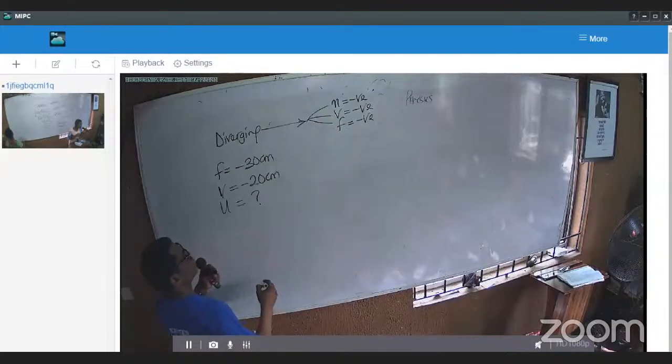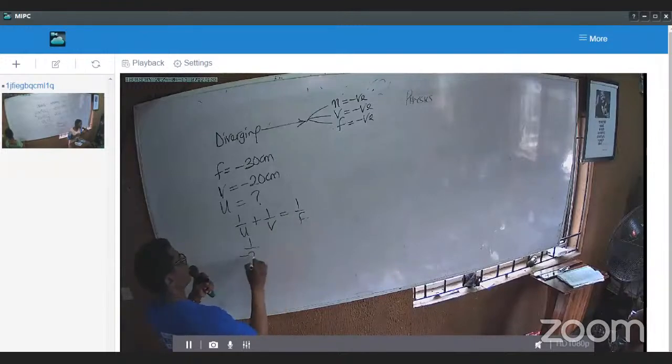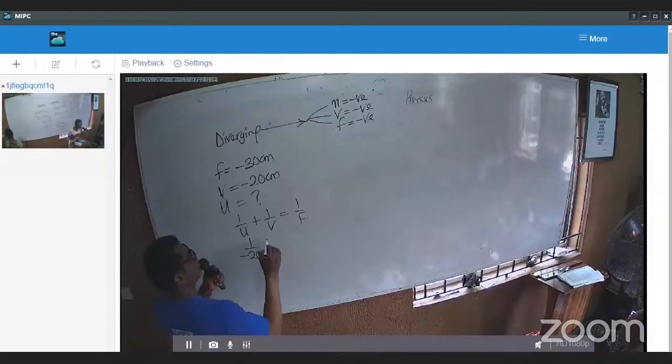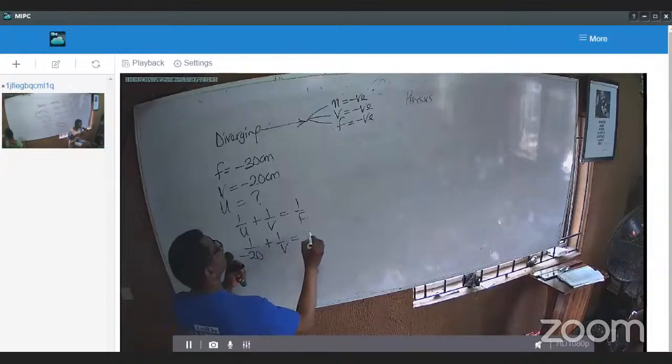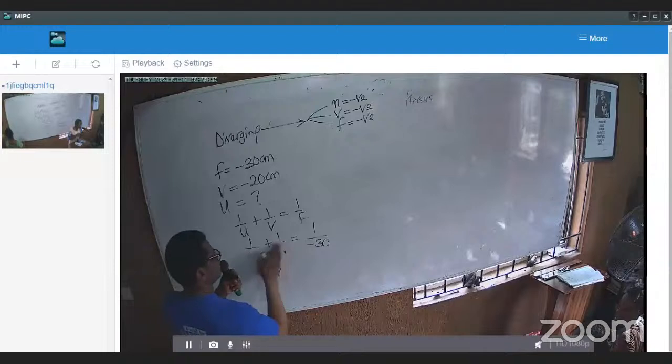So note it now. 1 over U plus 1 over V will now be 1 over F. 1 over minus 20 plus 1 over V will now be minus 30. So your V. Are we looking for U or V? Okay. Now the same thing.